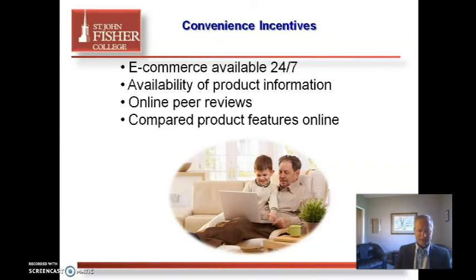You'll see on Amazon, people who bought this also bought this. Compare this one to this one. Features and product benefits compared online. And then, of course, the 24/7 shopping, as well as 2-day free shipping, which is the bell cow for Amazon.